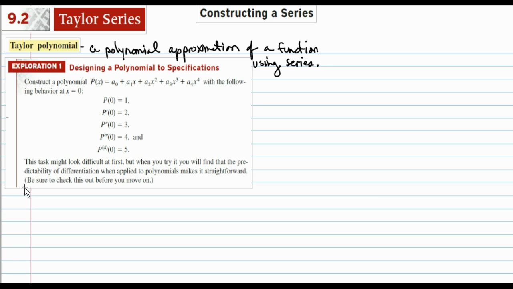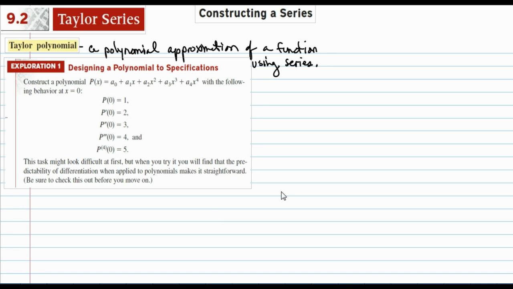Exploration 1 gives you an introduction on how to find these polynomials. Now the approach we're going to take is by making each derivative of the polynomial and the function we're dealing with equal to each other. So if the first derivative of the polynomial equals the first derivative of the function, when you integrate, the actual terms of those functions will equal each other, the polynomial and the function we're dealing with.